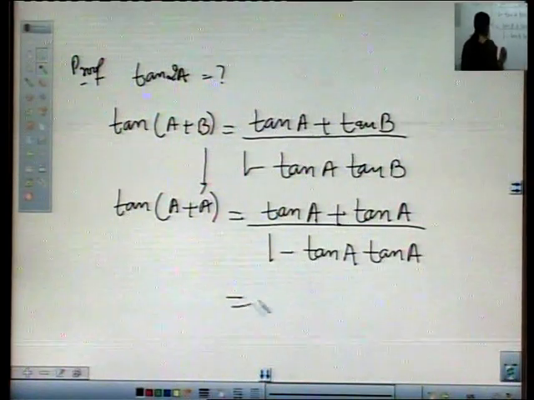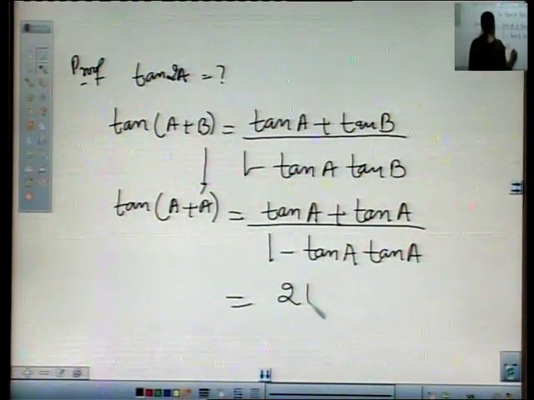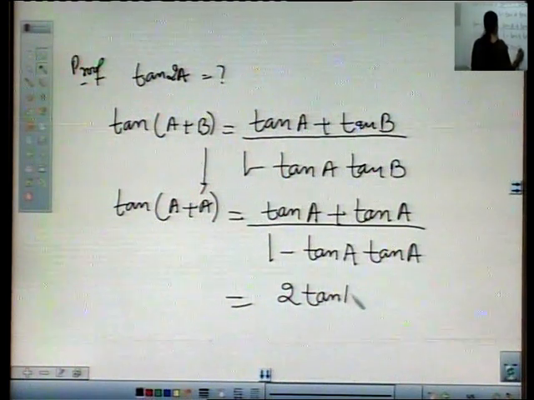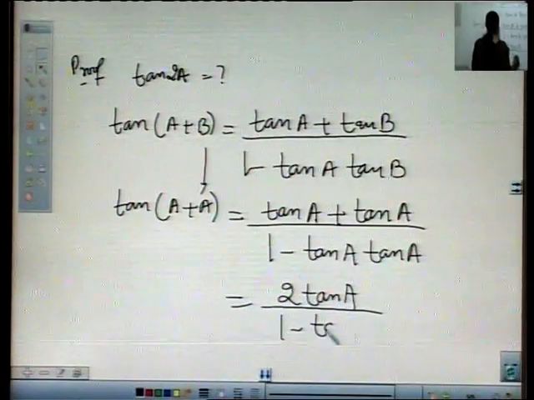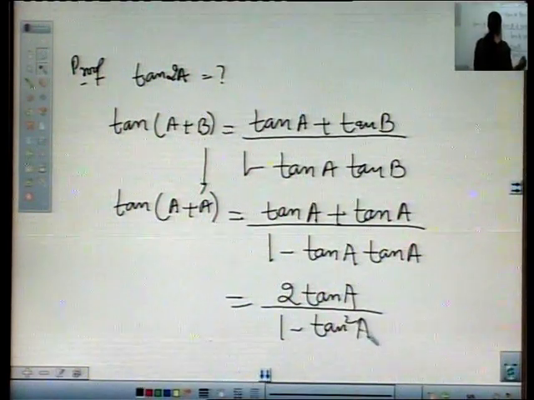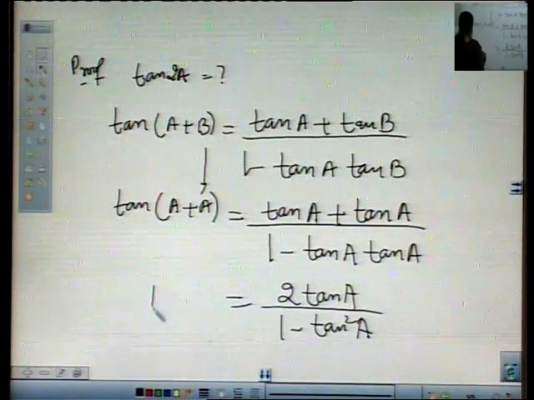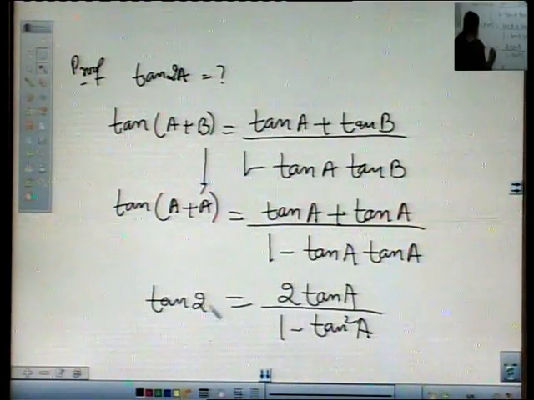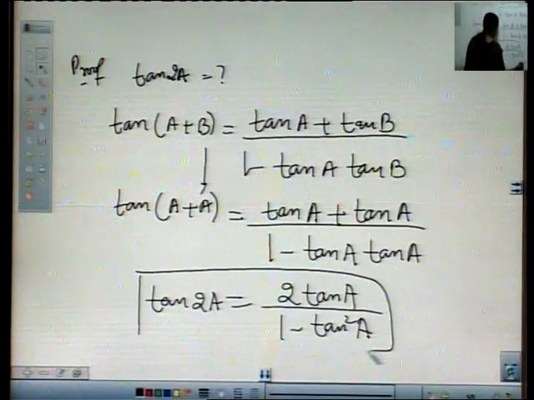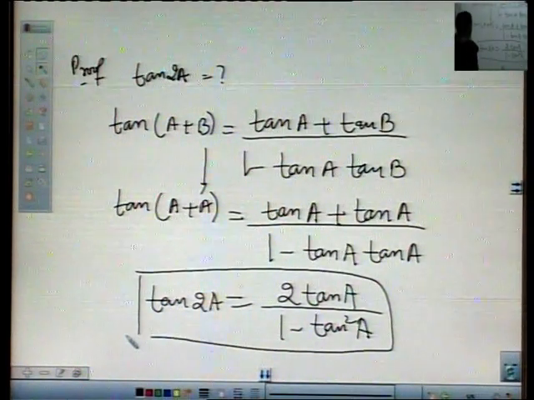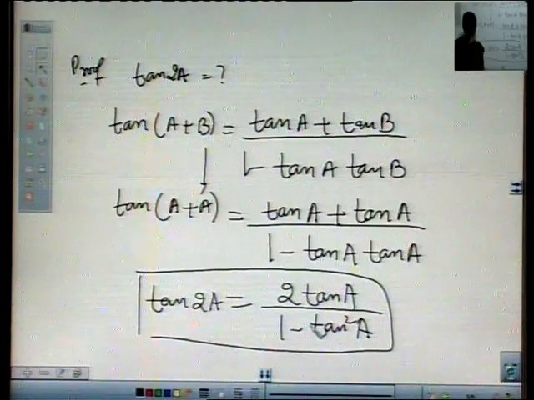Then what we get in numerator is 2 tan a, and in denominator is 1 minus tan square a. So, formula of tan 2a is 2 tan a upon 1 minus tan square a.